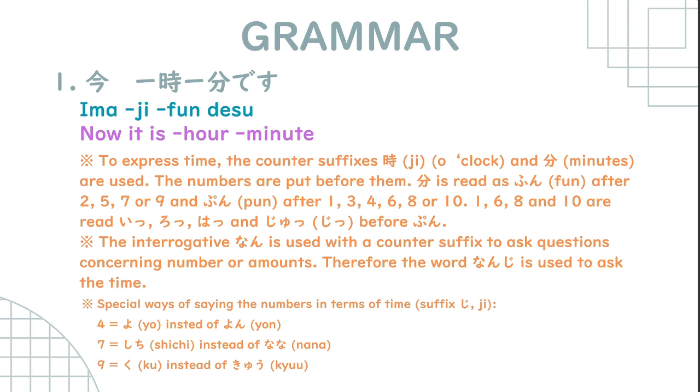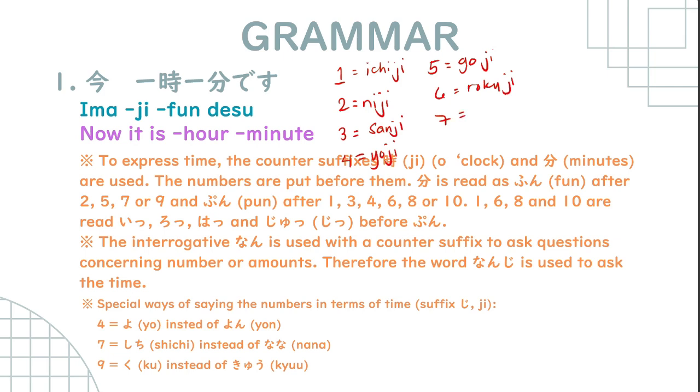So we have 1 o'clock. 1 o'clock is, of course, ichi ji, right? 2 o'clock is ni ji. 3 o'clock is san ji. 4 o'clock is yo ji. 5 is go ji. 6 is roku ji. 7 is shichi ji. 8 is hachi ji.